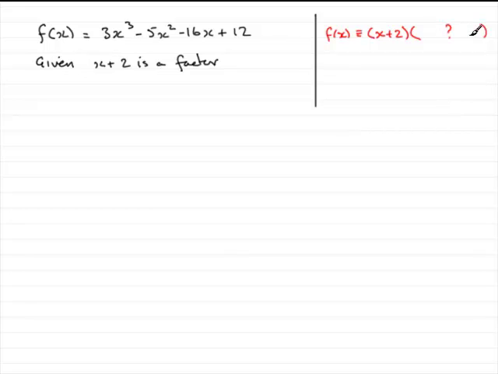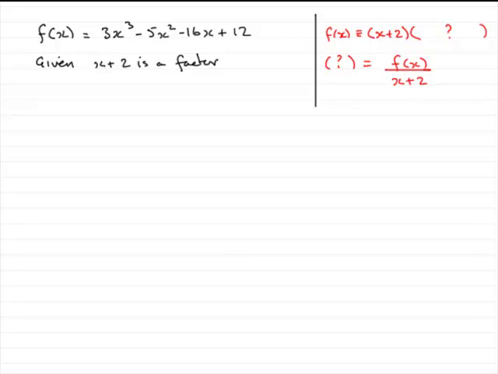And you could guess this quadratic factor just by trial and error, but one way that I prefer to do is to get that quadratic factor, all you've got to do is divide both sides by this factor x plus 2. So in other words, the quadratic factor is going to be f of x divided by x plus 2.